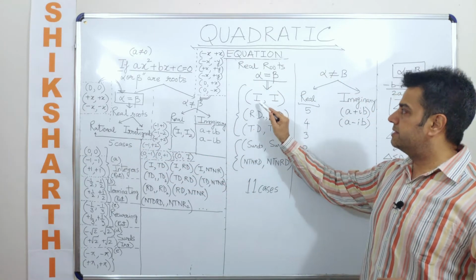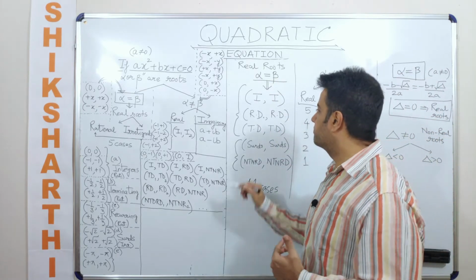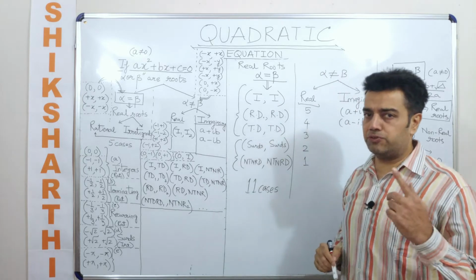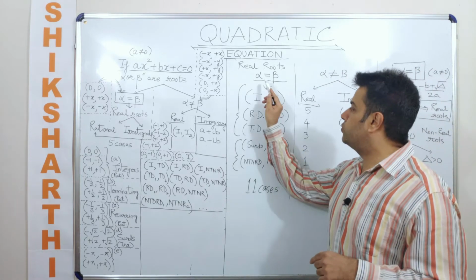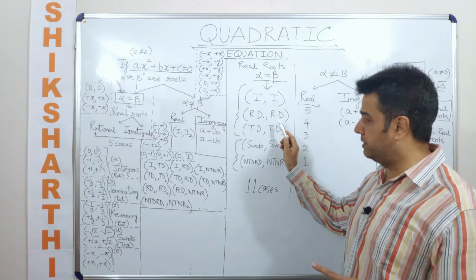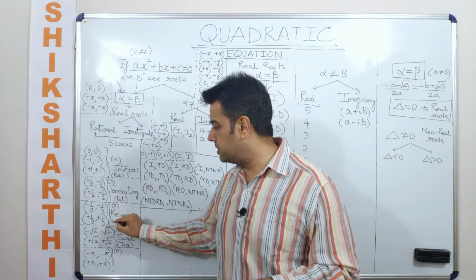This is the first case. We're talking about 2 real roots and both the roots being equal, right? So either it will be an integer along with another integer, or I will get 2 equal roots wherein one of them is a recurring decimal and the other is a recurring decimal. Please relate the recurring decimal discussion I have done here. I have taken both the examples.